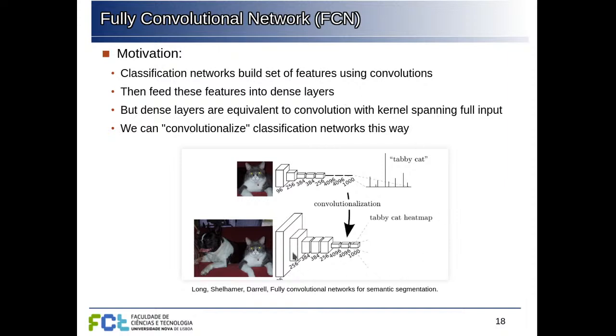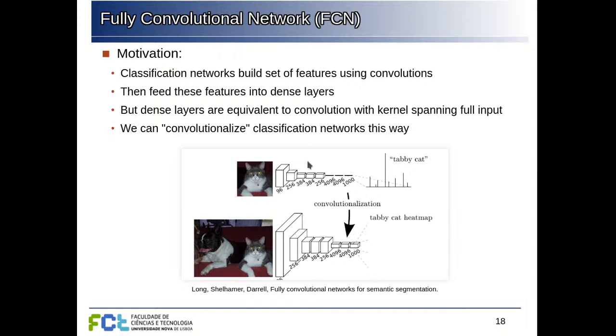So what they did was to convolutionalize the classification networks by converting the dense layers into convolution layers, and this resulted in a fully convolutional network that becomes independent of the size of the input image.